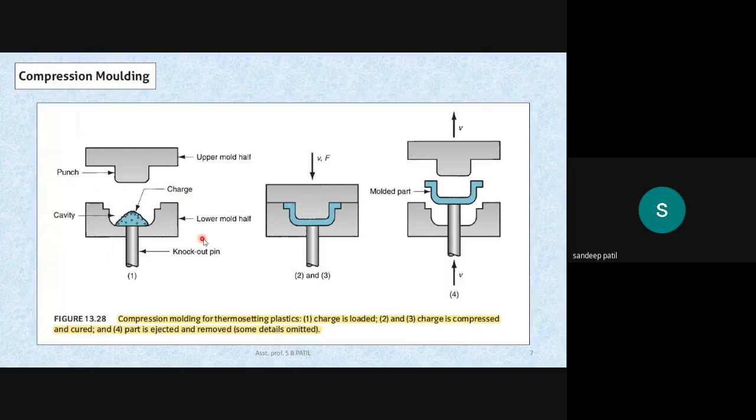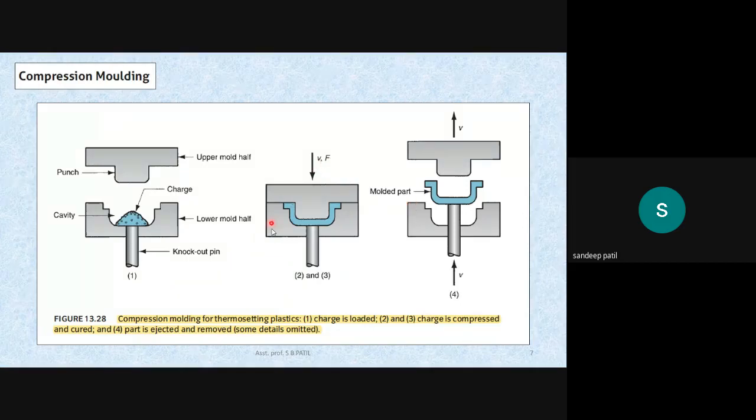Again in the same figure, there is the upper mold half, the lower mold half, and the charge which is getting heated here, and then the punch moves downward to get this particular shape. When the punch is moving downward, there is V and F. F means the compressive force, and V is the speed of the punch.